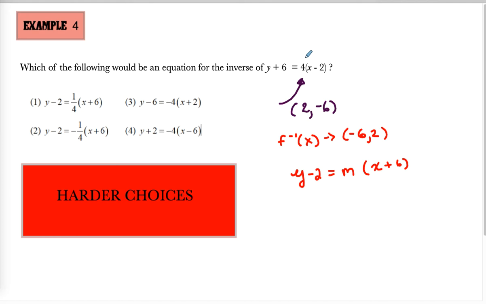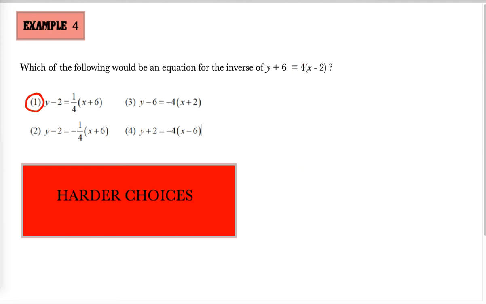Now, I know the inverse would be not multiply by 4, but divide by 4. So now I know my slope would be 1/4. Where is this? Here, right there. Choice 1.